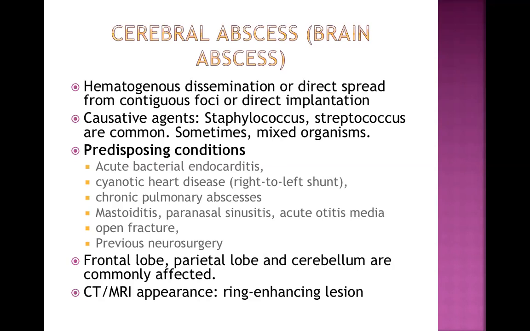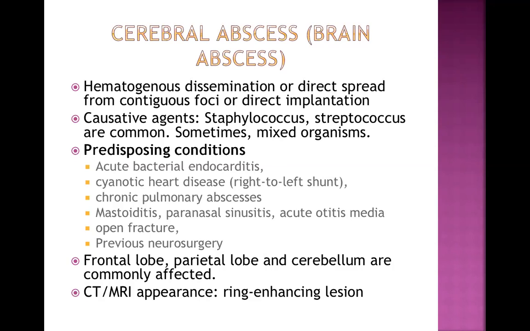Now, which parts of the brain are commonly affected? Frontal lobe, parietal lobe, and cerebellum are more commonly affected than other parts of the brain. But frankly speaking, any part of the brain can be affected. The best way to diagnose brain abscess is by CT scan.